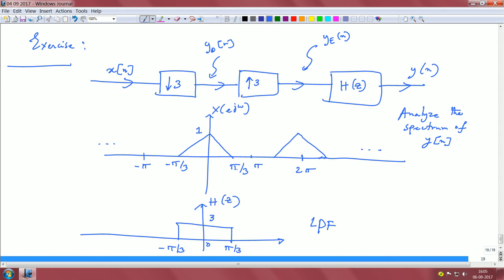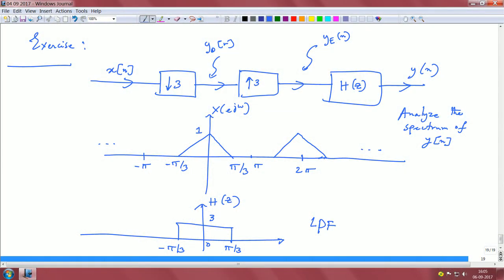For the k equals 0 component, it is basically a stretch. For the remaining M minus 1 components, M equals 3 in this case, that is for the remaining 2 components, you will be translating by 2π and 4π. So, you will have ω minus 2π/3 and ω minus 4π/3, basically plot that spectrum. There will be a scaling here of 1/3.